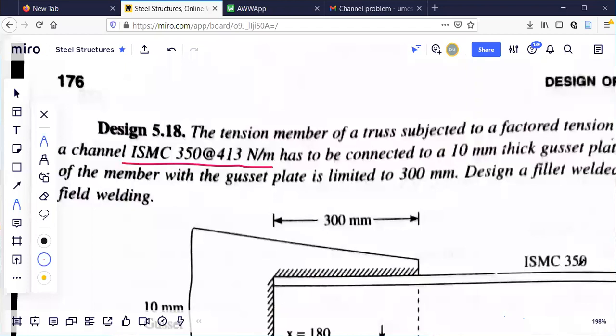Total height is 350, directly it is there only. 350 means it is total height of the channel section. In this fashion. So this is the overall height, 350.